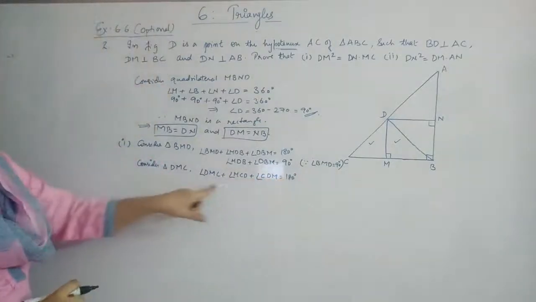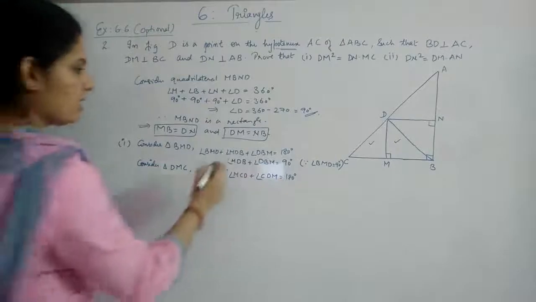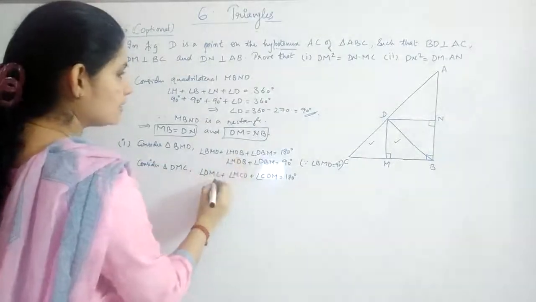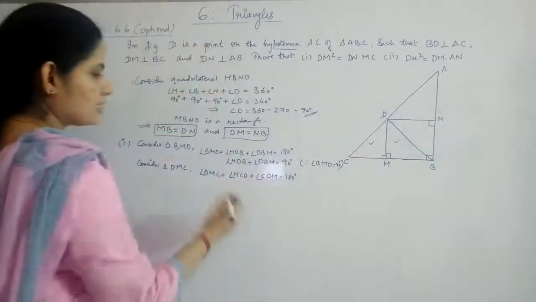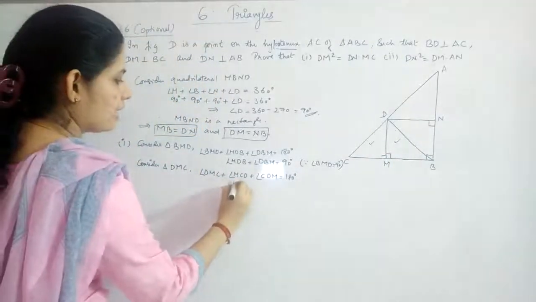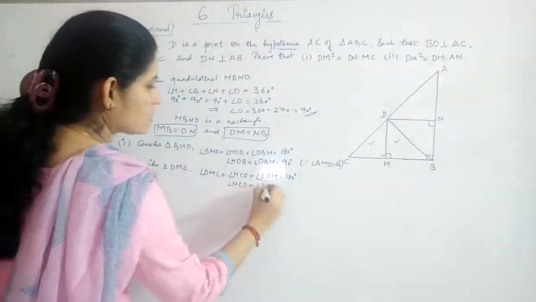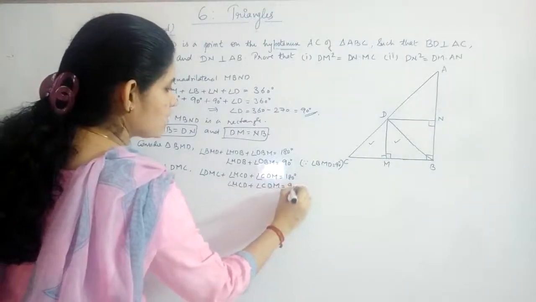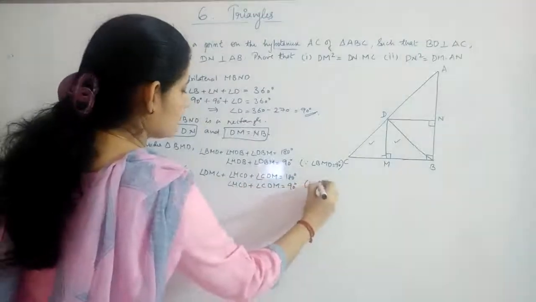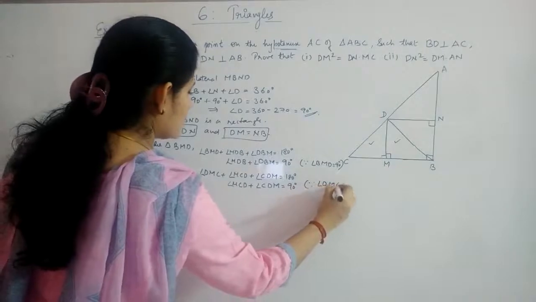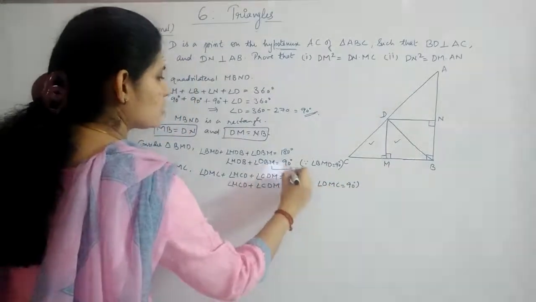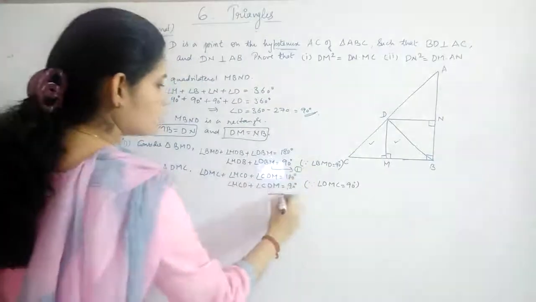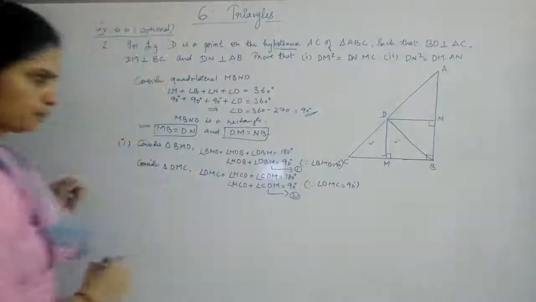Okay, all the three angles will give you the sum as 180 degree, angle sum property. Then here again you have this angle to be 90 degrees, so that you will get angle MCD plus angle CDM is equal to 90, since angle DMC is already 90 degree. Okay, so put it as equation number 1 which you got. This is your equation number 2.